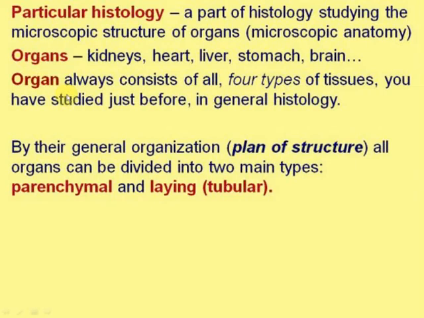Organ always consists of all four types of tissues we have studied just before in general histology. By their general organization, plan of structure, all organs can be divided into two main types, parenchymal and line or tubular organs.